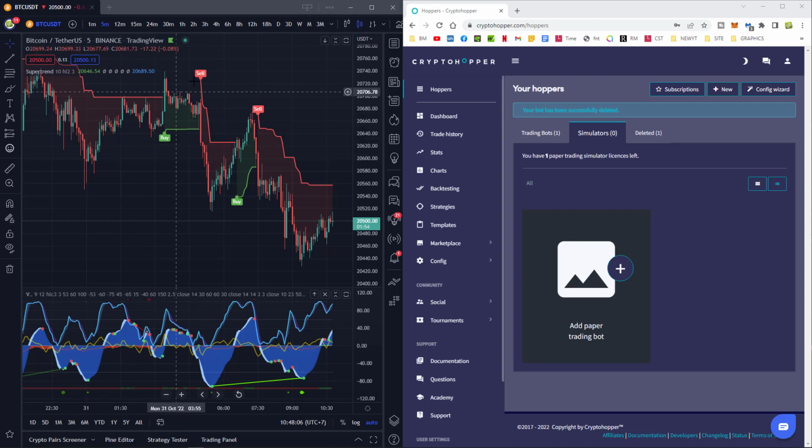What we're going to be doing is making Tradingview and this particular indicator, which gives off the buy and sell indicators, send messages to your Cryptohopper, and it will instruct Cryptohopper on when exactly to buy specific coins based upon a different, what we say, time frame.